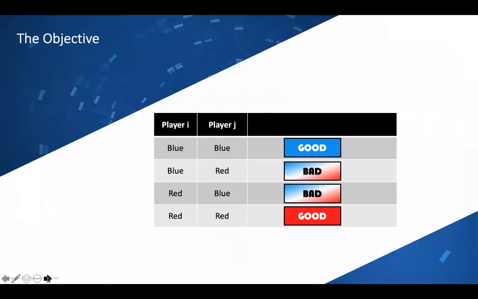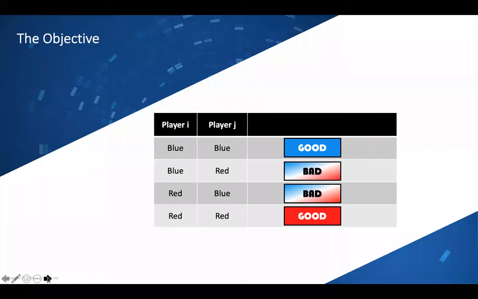All right, how do I write this out mathematically? There's only 4 possibilities with 2 binary variables. Binary variable i representing person i and person j as the other, and you can see blue and blue, blue and red, red and blue, and red and red are the 4.